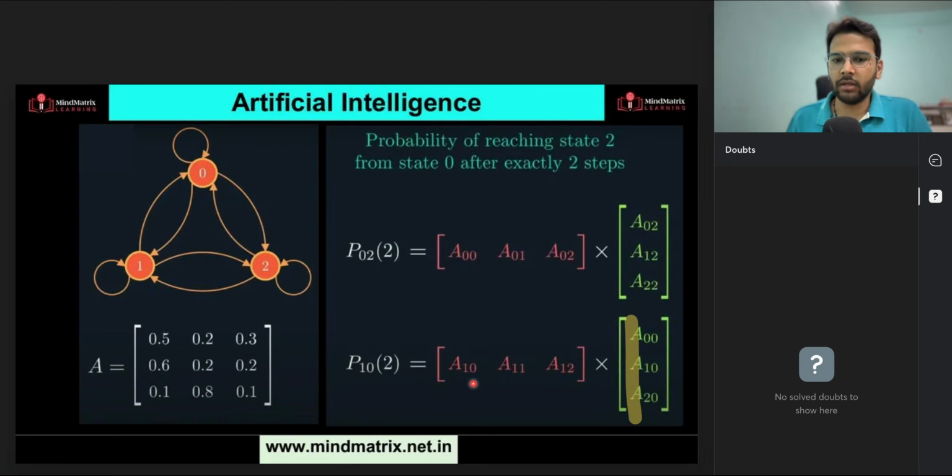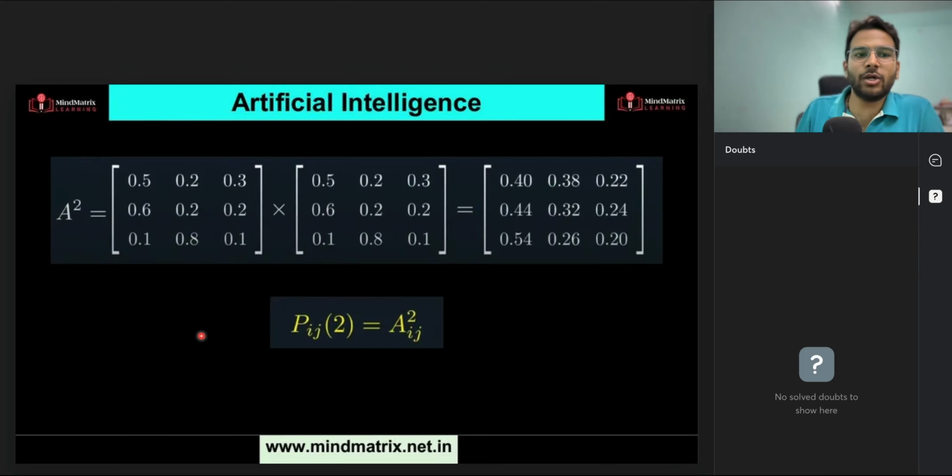Okay. So now we can observe a pattern here. For this particular case, it was this row and this column. If you multiply these two, you will get this particular value. For this particular value, it is this row and this column. So if you multiply these, you get a square. And if you carefully observe now, just focus on this particular value.